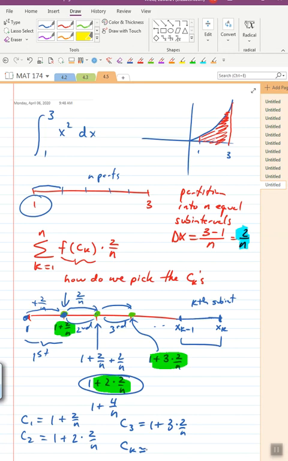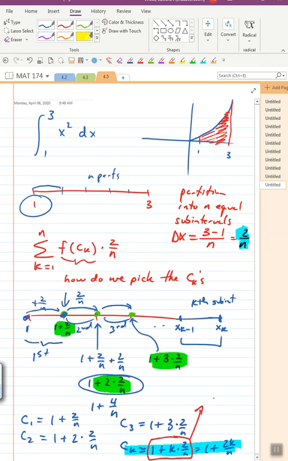What's the magic formula? Yep, Ethan says it's 1 plus k of those, or as he puts it, 1 plus 2k over n. Okay, is everybody with me on that formula right there, in particular this part.